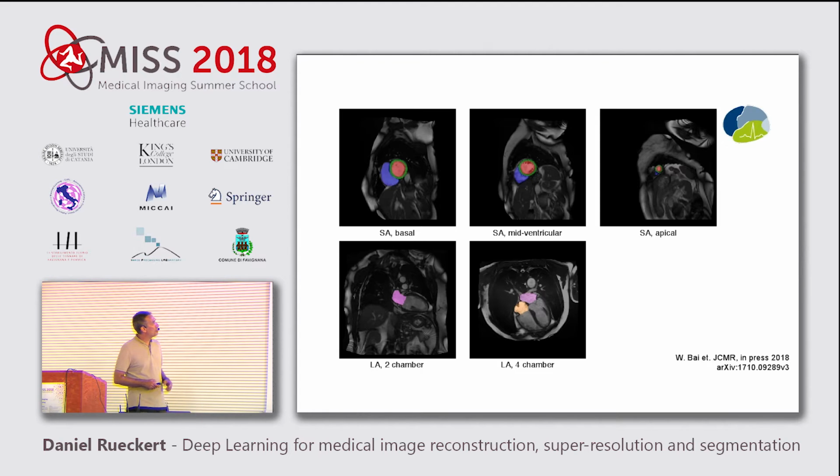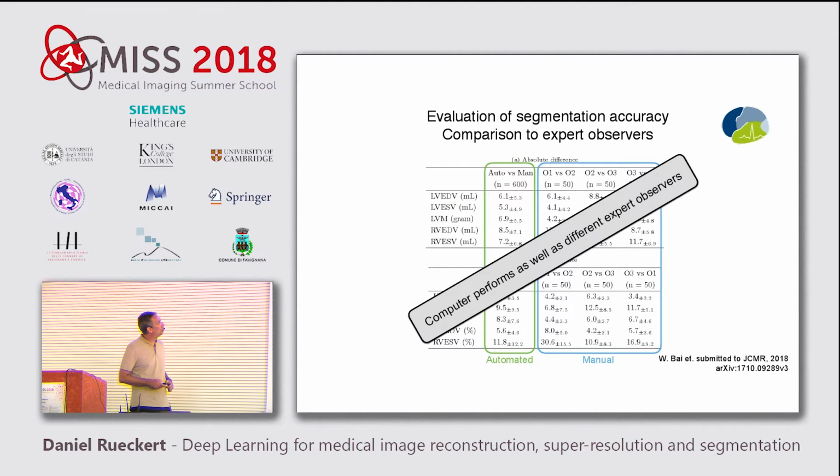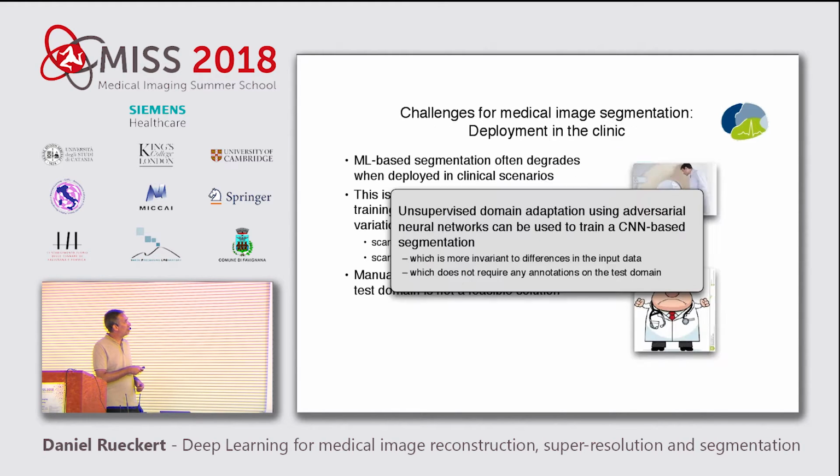But what happens quite often is you go to your clinic and suddenly your algorithm which you have trained in the lab no longer works quite in the same way. There are a number of different reasons for this. You might have different scanners across different hospitals. You might have different scanner protocols, different sequences. Of course, also your patients might vary.